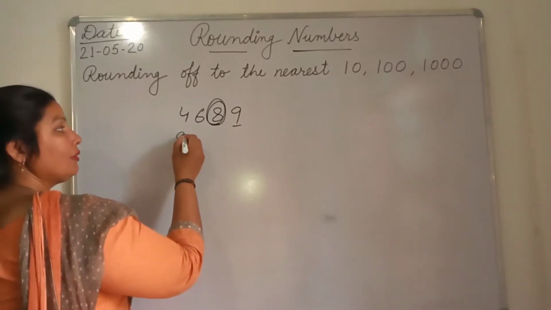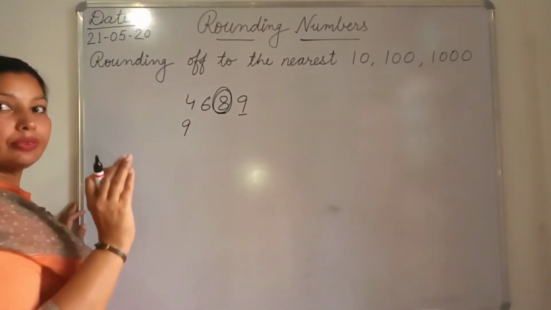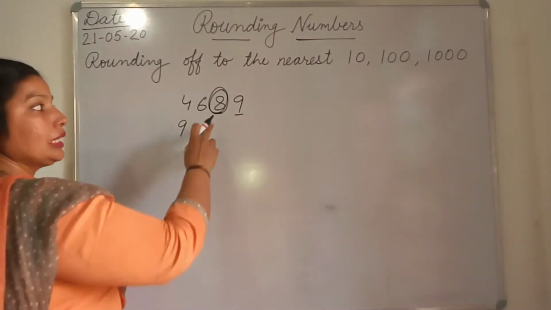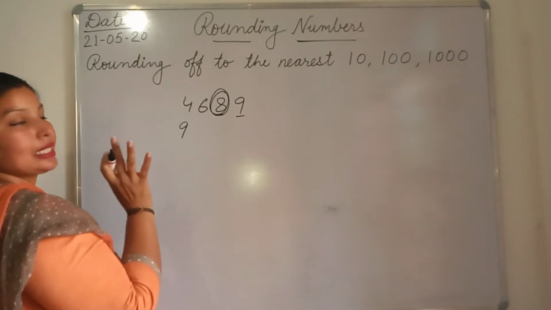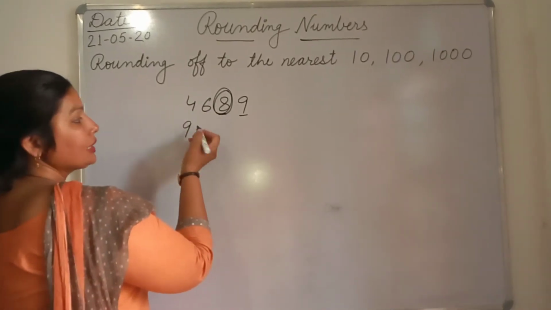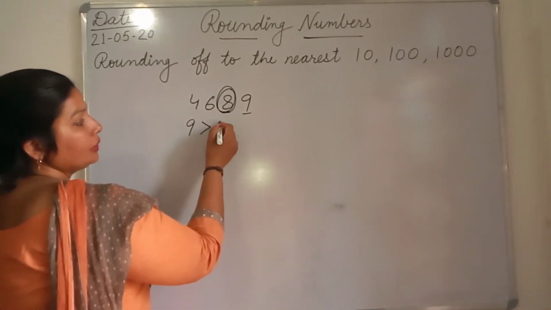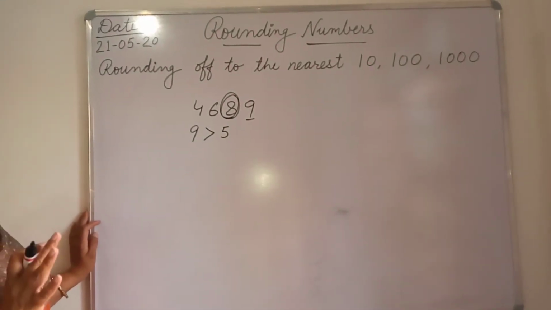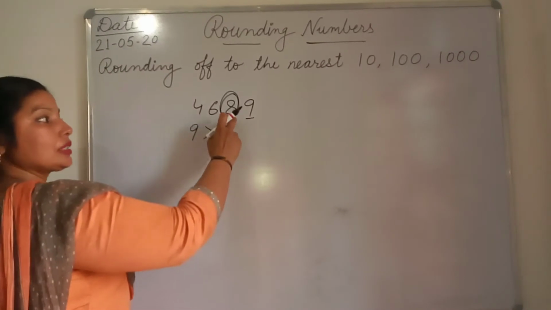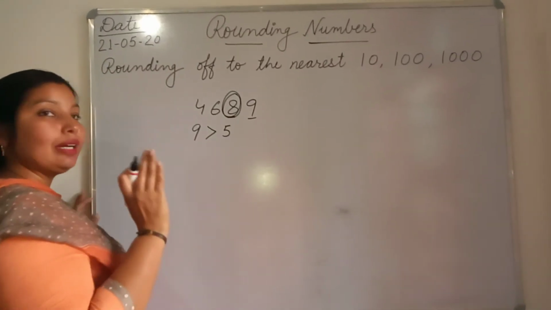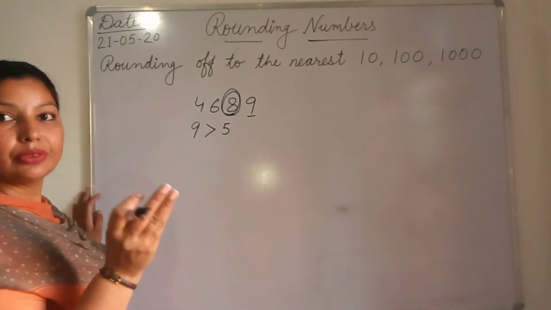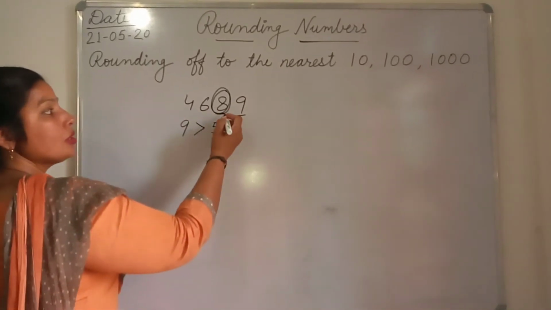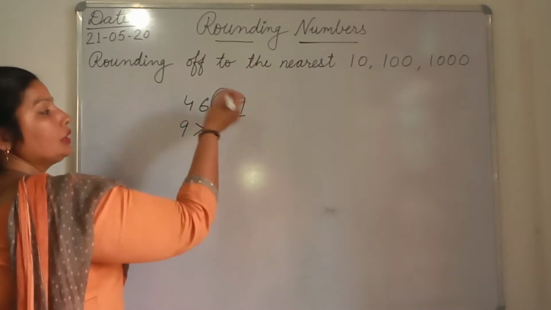If we have less than 5, meaning 4, 3, 2, 1, 0, we will not increase it. So 9 is greater than 5, and we should increase 8. So it will be 9.